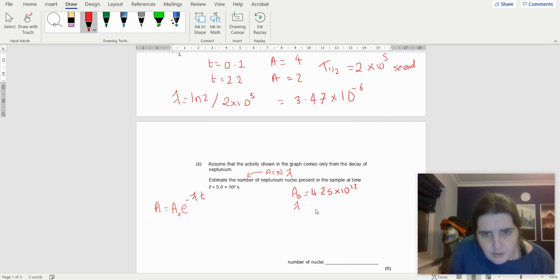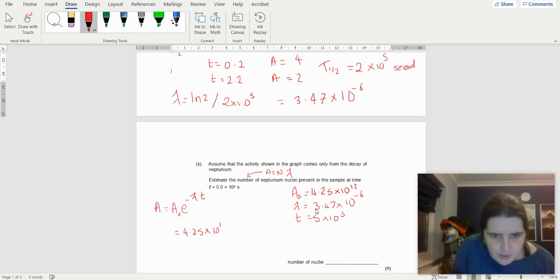I know my decay constant is about 3.47 times 10 to the minus 6, and my time is 5 times 10 to the 5. So I'm going to put this all into my formula. I end up with 4.25 times 10 to the 12 times e to the minus 3.47 times 10 to the minus 6 times my time.